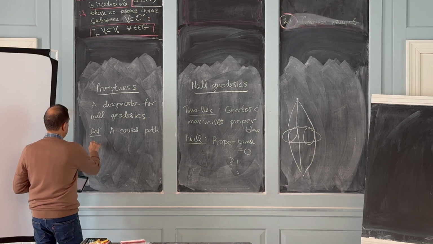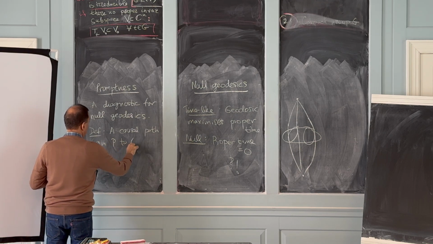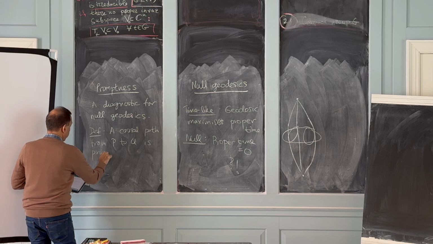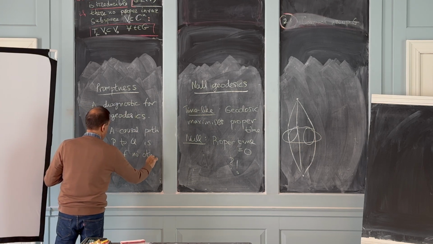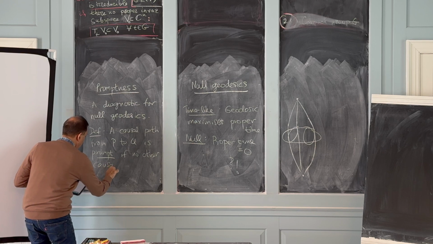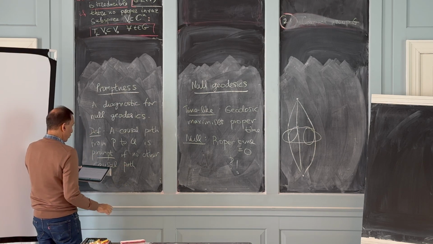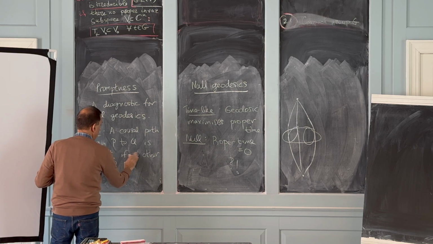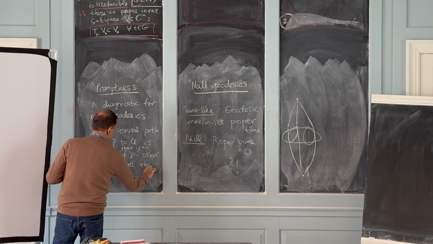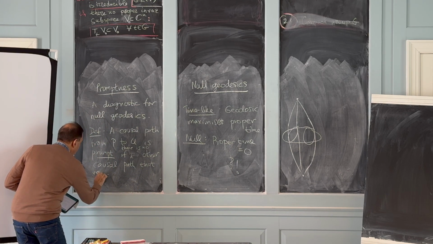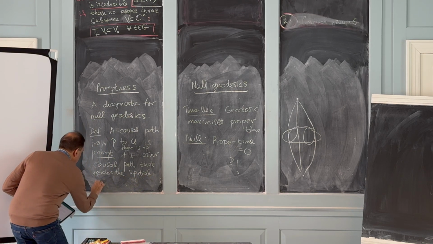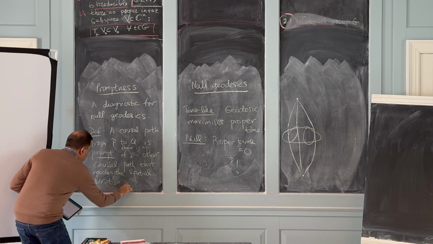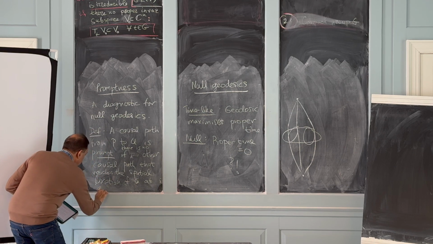A causal path from P to Q is prompt if there is no other causal path that reaches the spatial location of Q at an earlier time. Sorry.